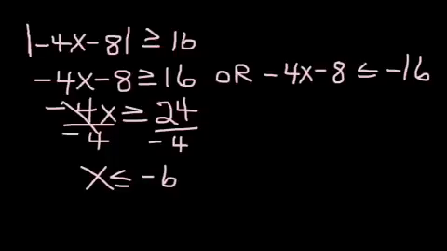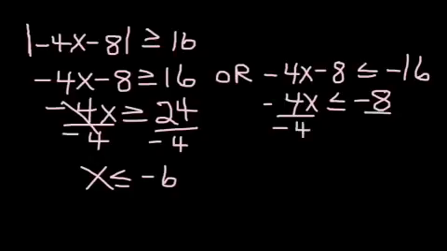And then over here, I'm going to add 8 to negative 16, meaning I get negative 8, divide by negative 4, and x is also equal to, divided by a negative number, so I need to flip this over, greater than or equal to positive 2.